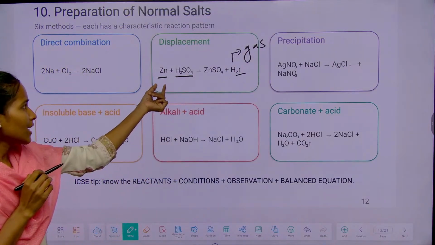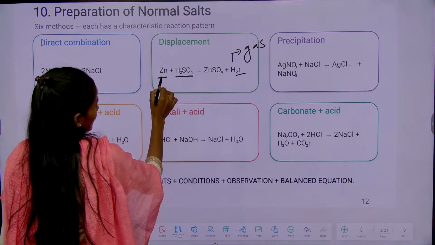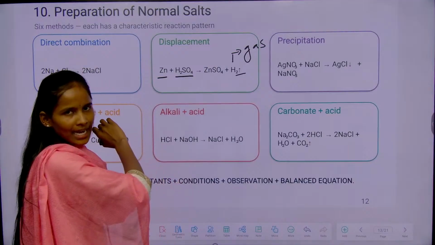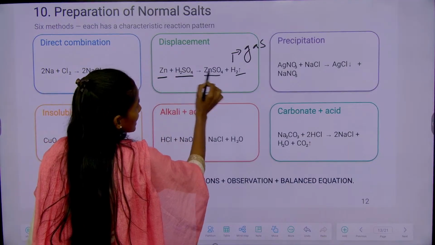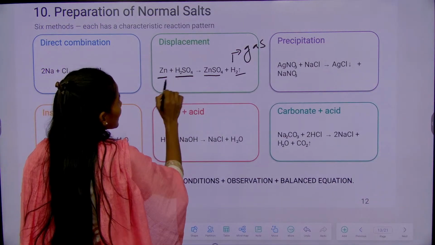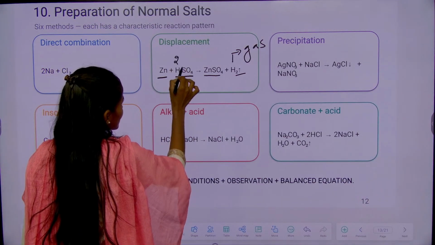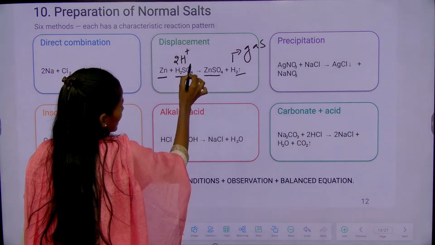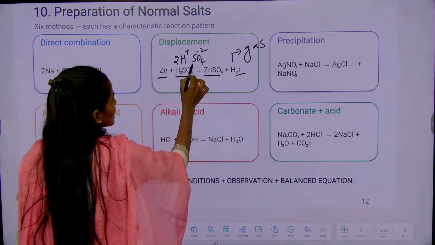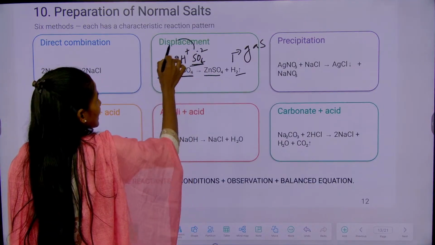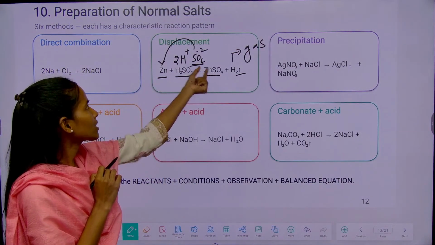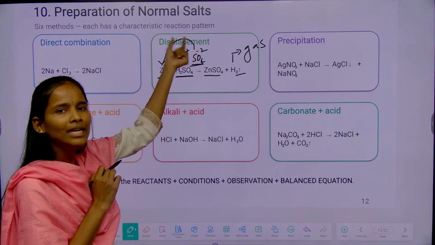Now if you observe, zinc forms a bond with sulfate in sulfuric acid, resulting in ZnSO4. Sulfuric acid exists as 2H+ and SO4 2-. So this one ion is bonding with zinc. Such reactions we call displacement reactions.